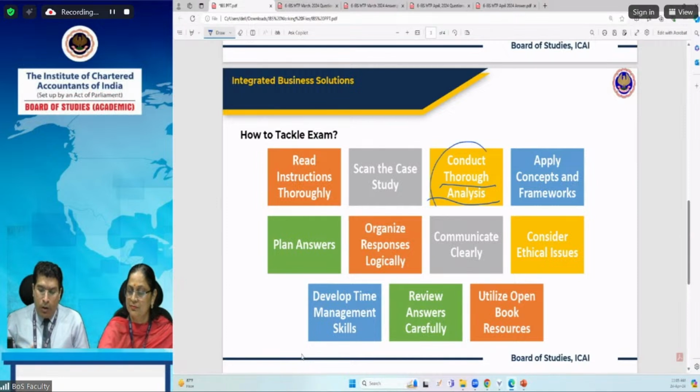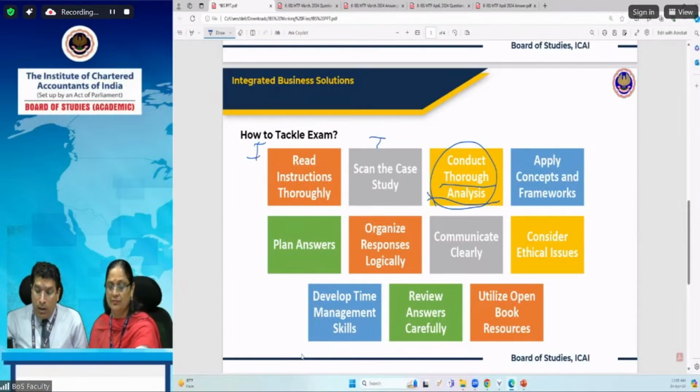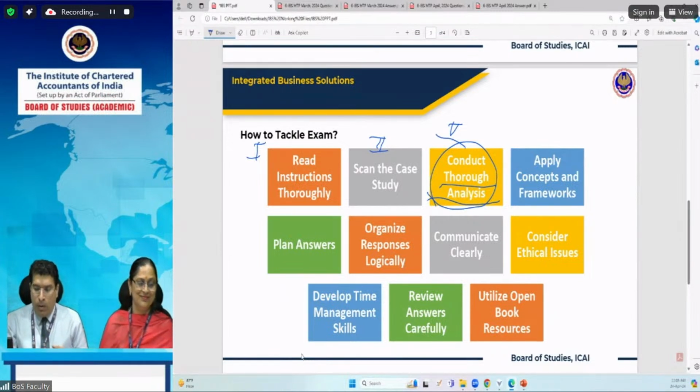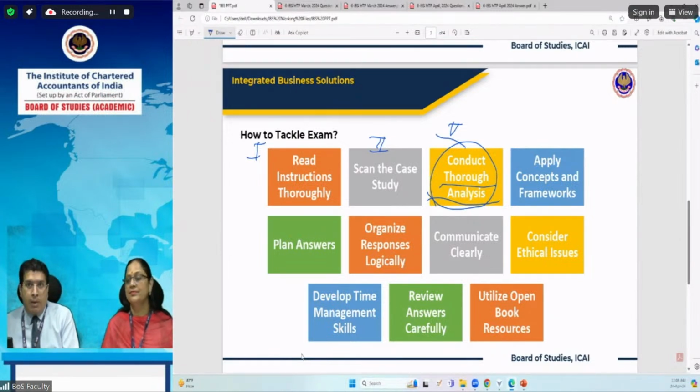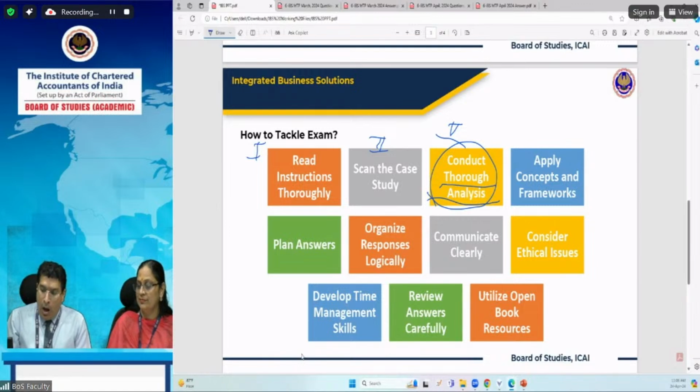When doing a thorough analysis of the case, you have to identify the complexities involved in the problem, whether there are small parts or major parts, and how you are going to manage them.